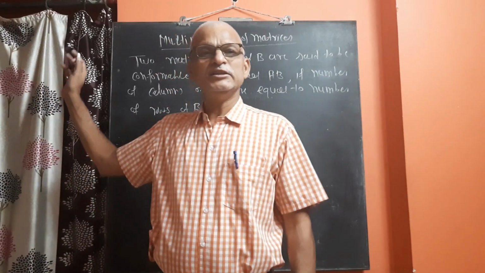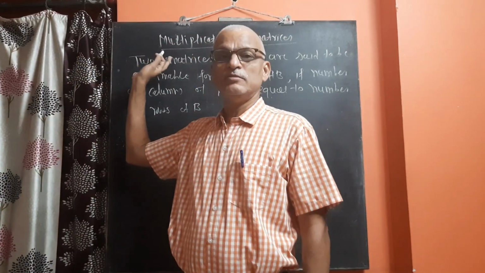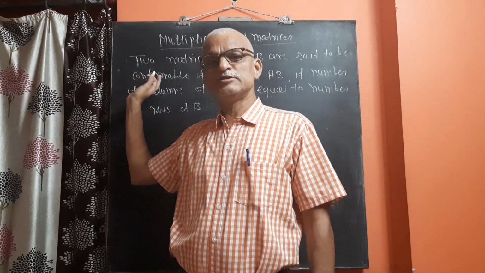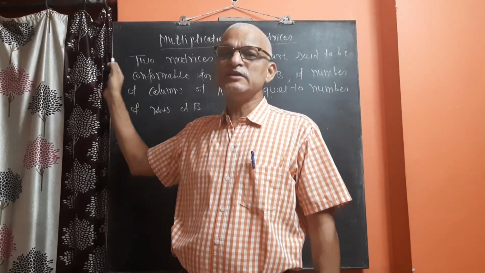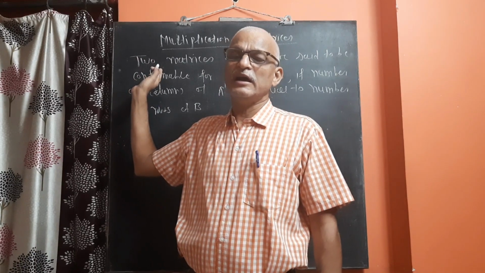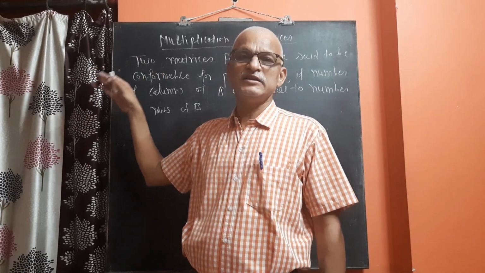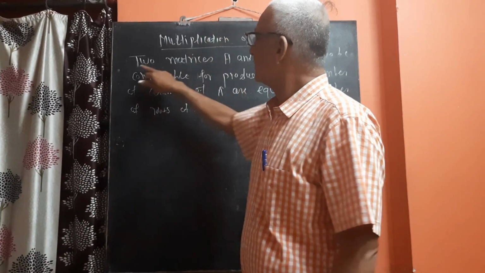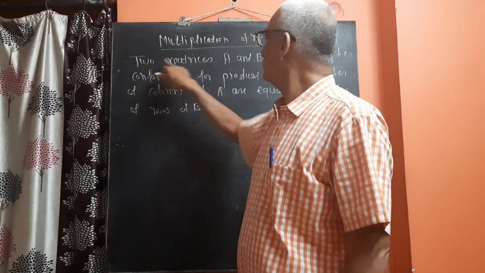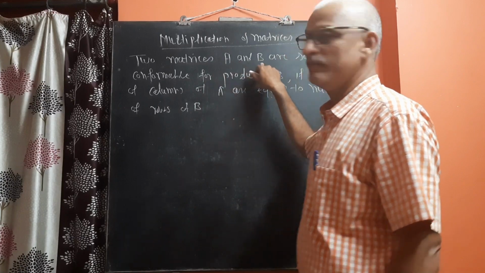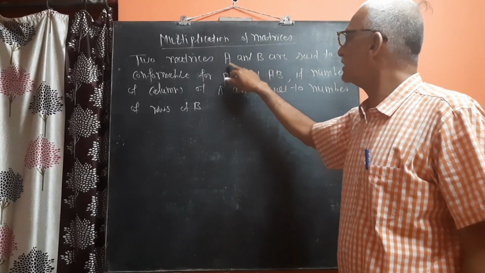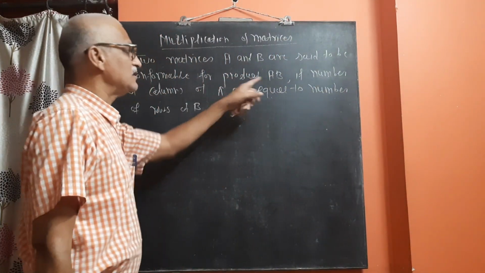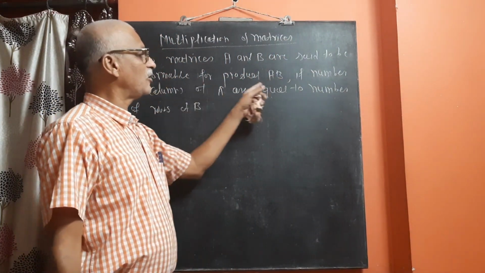Now we will take the problems on multiplication of matrices. So before taking the problems on multiplication of matrices, try to understand what is multiplication of matrices and how two matrices get multiplied with each other. Let us consider two matrices A and B. The two matrices A and B are said to be conformable for the product AB.